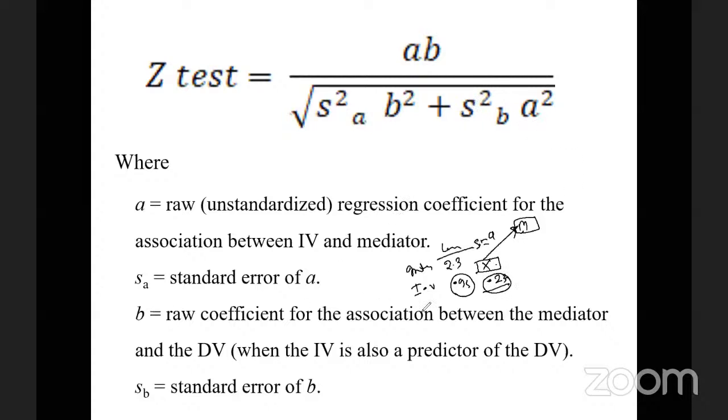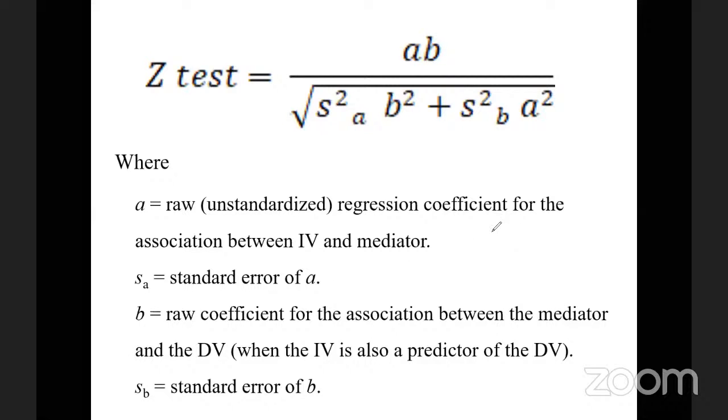Now what are B and SB? B is the raw coefficient for the association between the mediator and the DV.